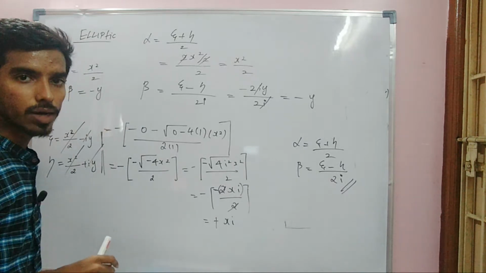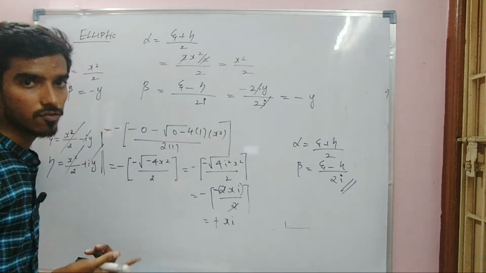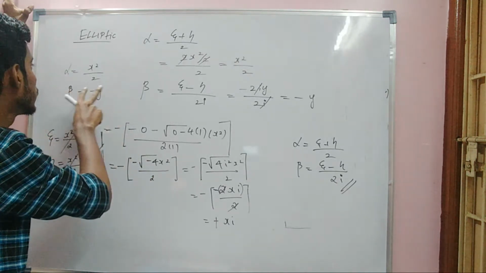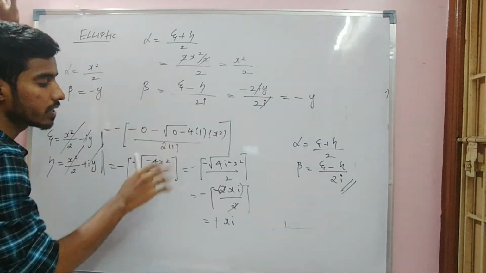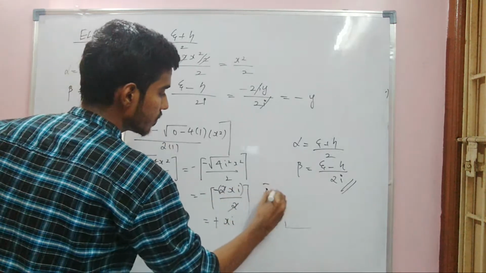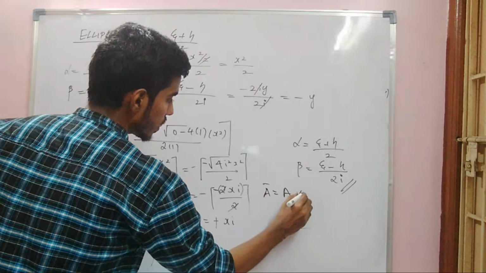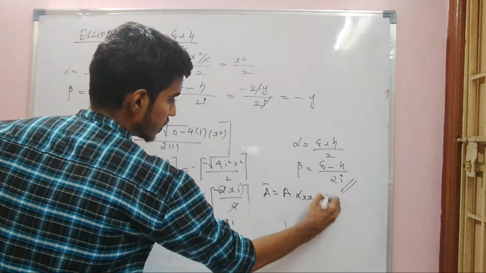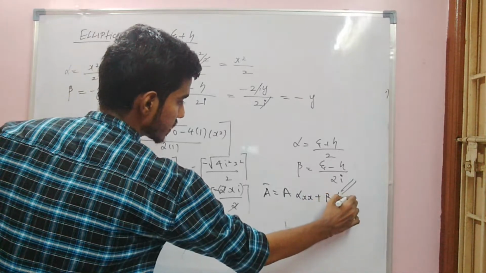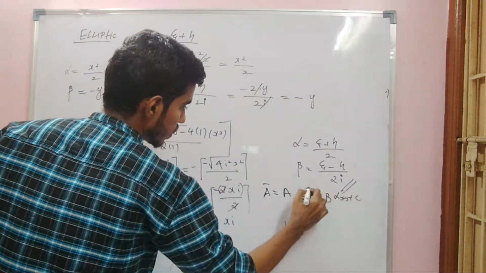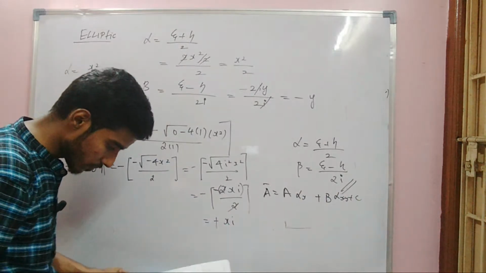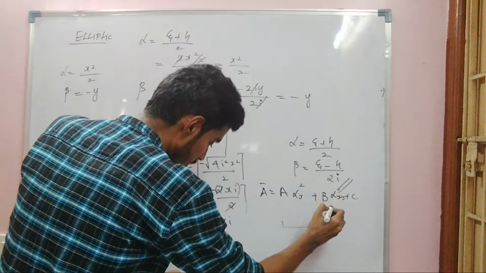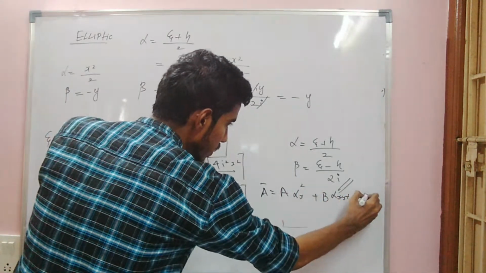Now what will be my a bar? A bar is a into alpha xx plus b into alpha xy, plus c into alpha y square.